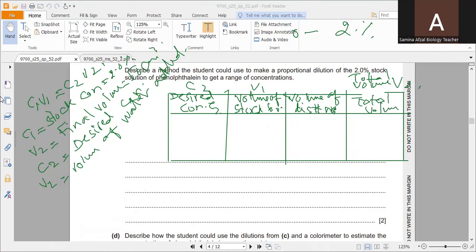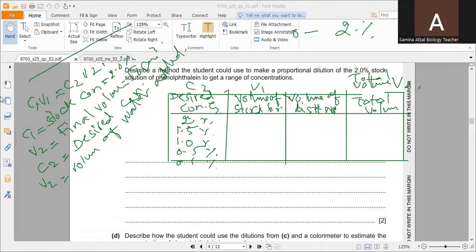So first of all, desired concentration, we will make 2%, 1.5%, then 1%, 0.5%, or 0.1%. So these 5 concentrations. For this purpose, you can make use of this formula to calculate this.